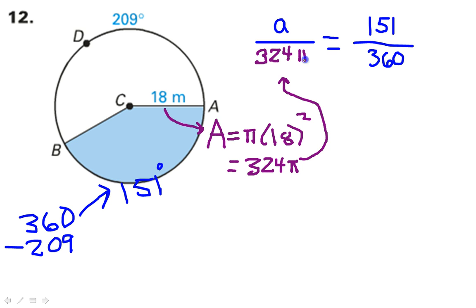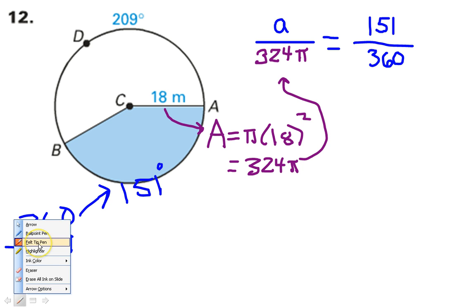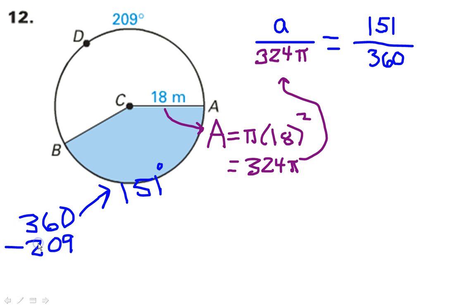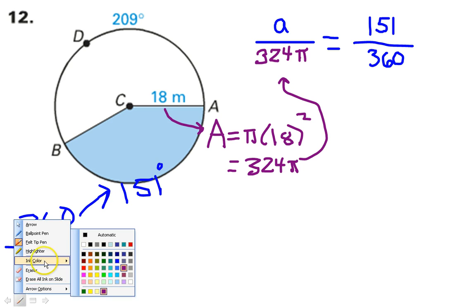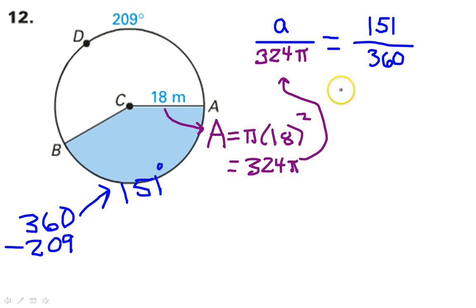Does 151 over 360 reduce at all? No, it doesn't. So you just cross multiply with those big old numbers. So I'm going to have 360.